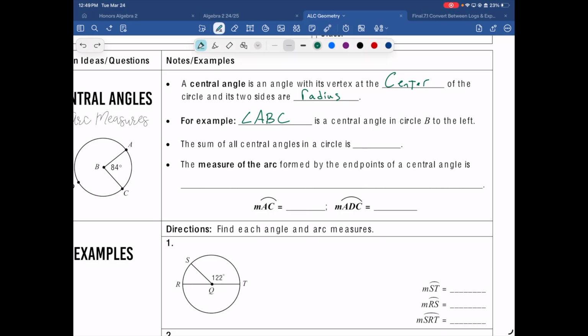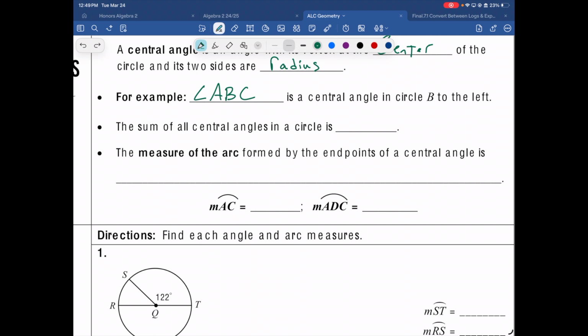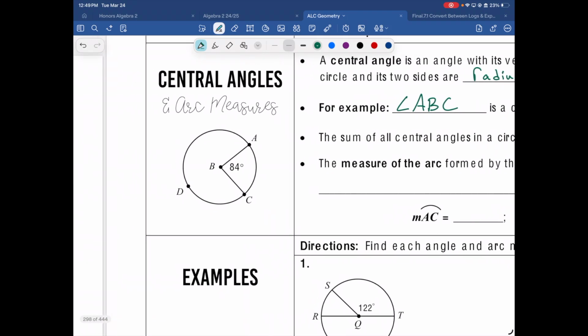Again, we talked about this a little bit yesterday. The sum of all the central angles of a circle is going to be 360 degrees. So if we add up all of the angles in the center of that circle, they all have to add up to 360 degrees.